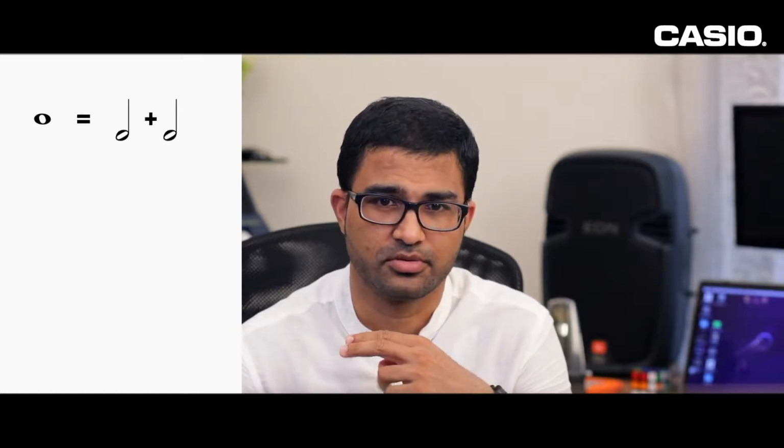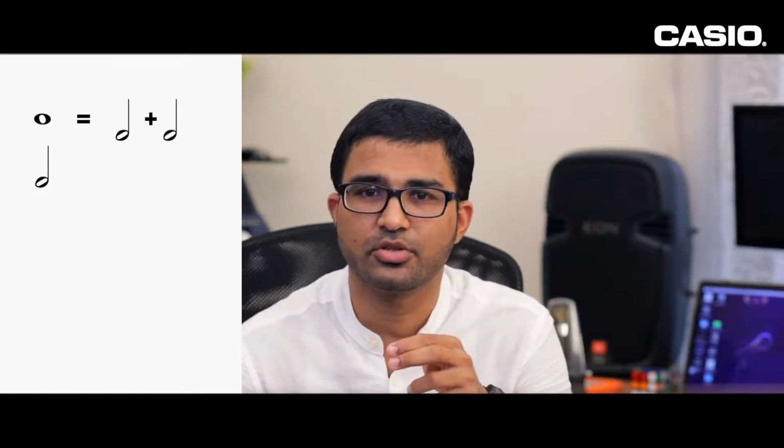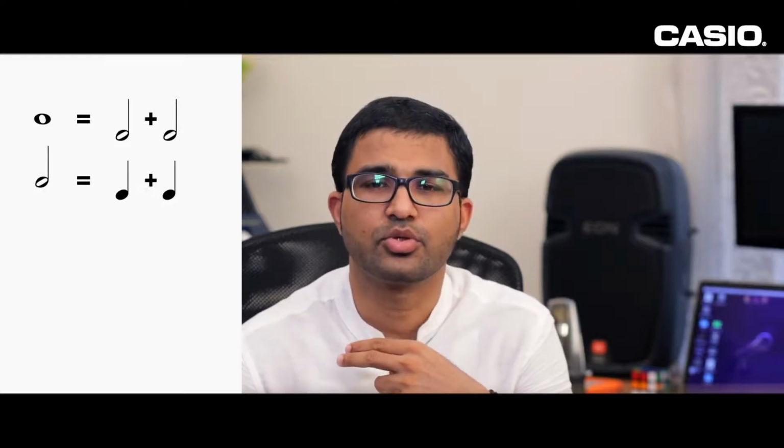Also, this way you can easily learn this one. A semi-breve or a whole note is equivalent to 2 half notes, and 1 half note is equivalent to 2 quarter notes, and 1 quarter note is equivalent to 2 eighth notes. 1 eighth note is equivalent to 2 16th notes.